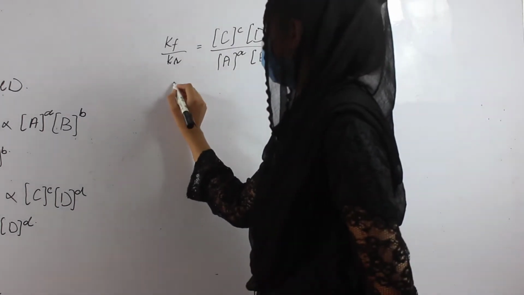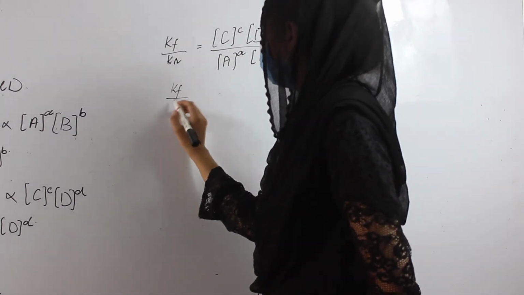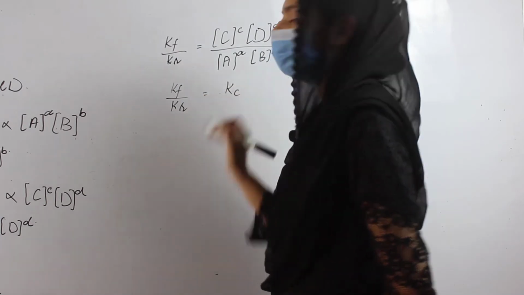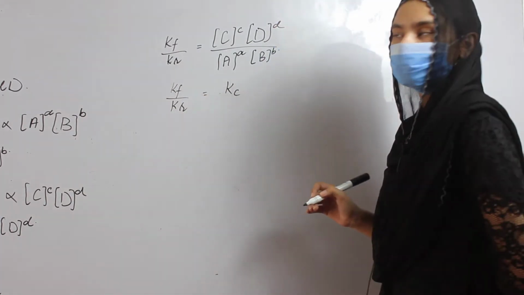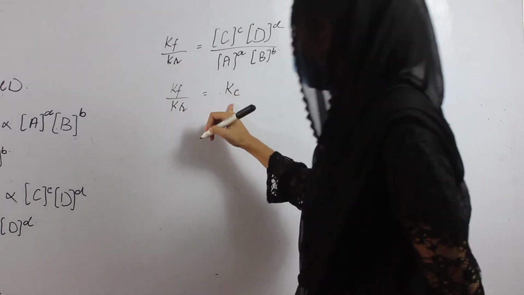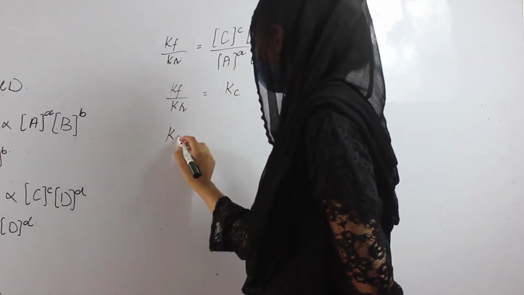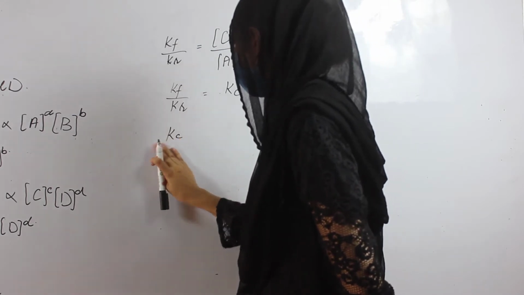In place of the constants of the forward and the reverse reaction, we introduce a new constant, that is the equilibrium constant.